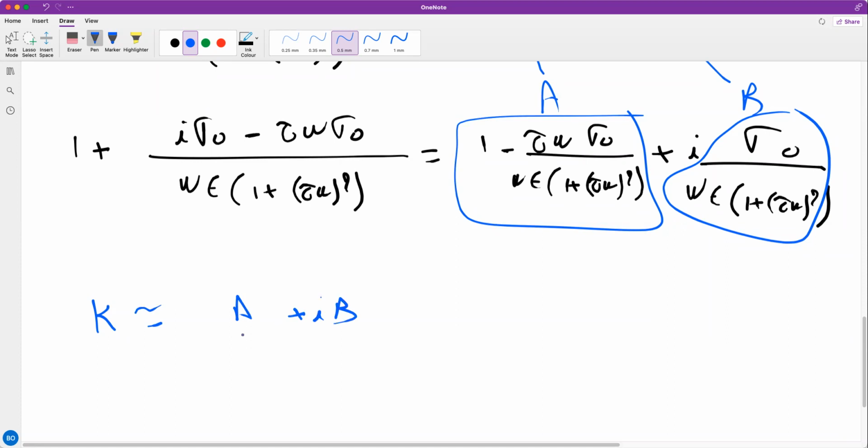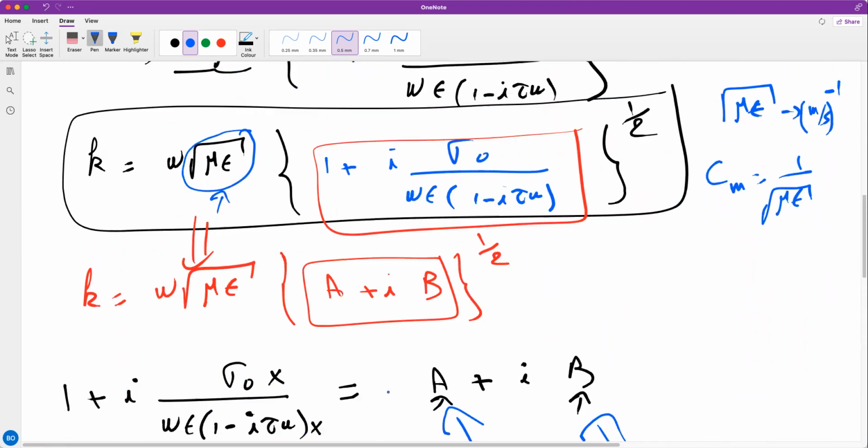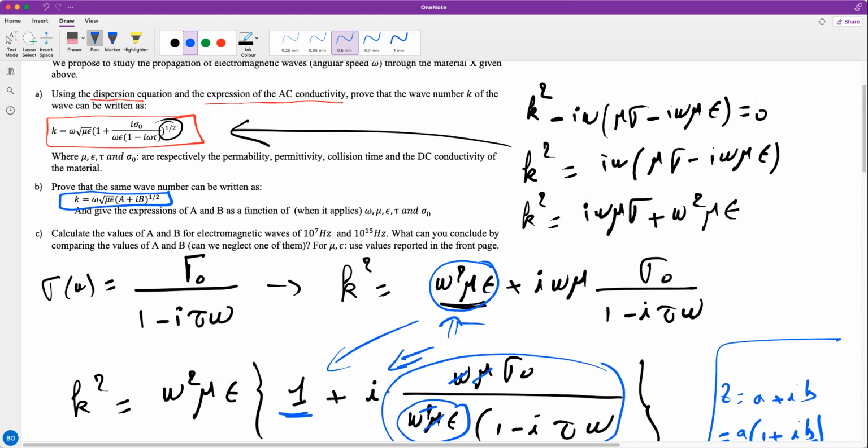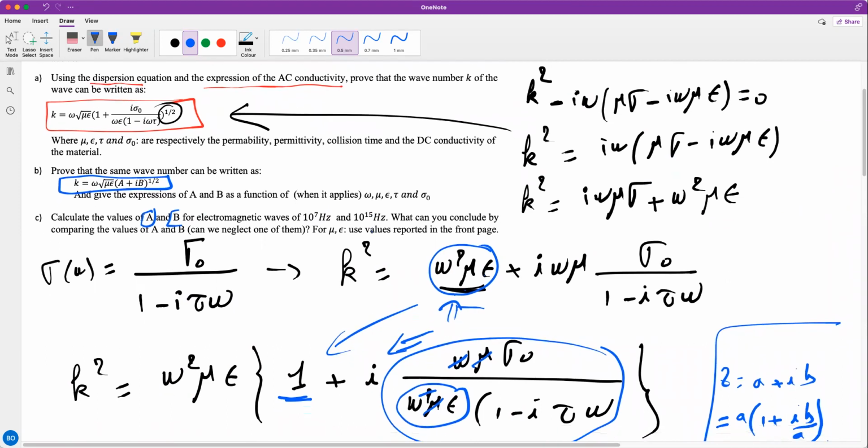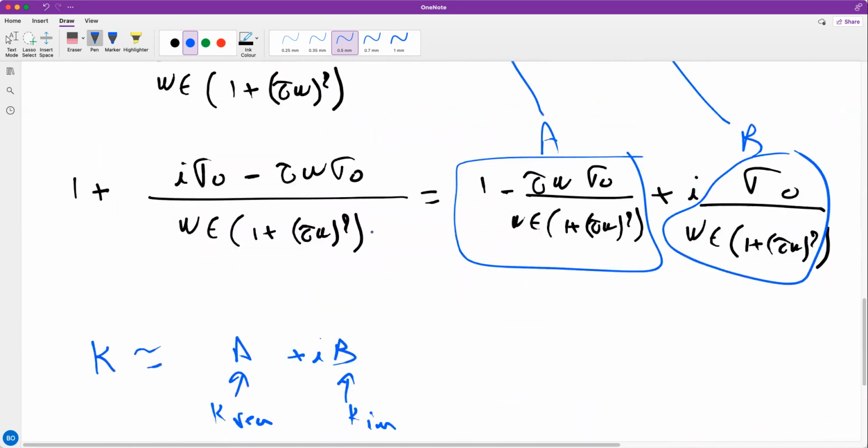So this means that k will have a real part and an imaginary part. This is the real part, and this is the imaginary part. And then what I asked you, or asked the students, is to calculate the values of A and B for the electromagnetic waves 7 and 10 to the 15. Why did I do this?